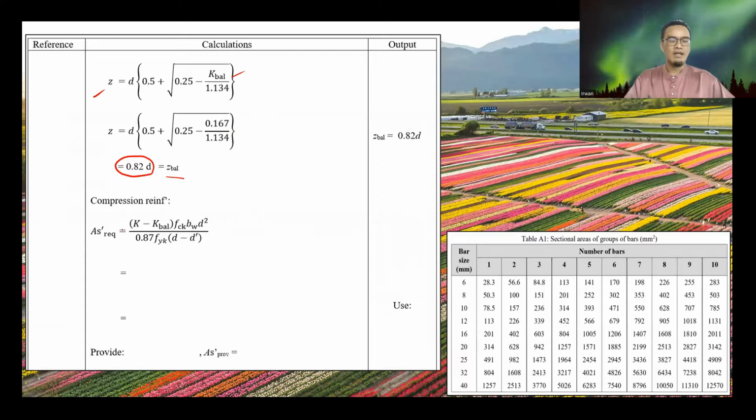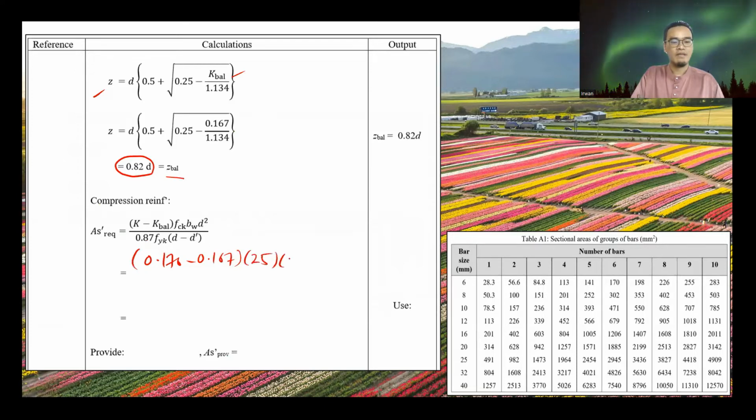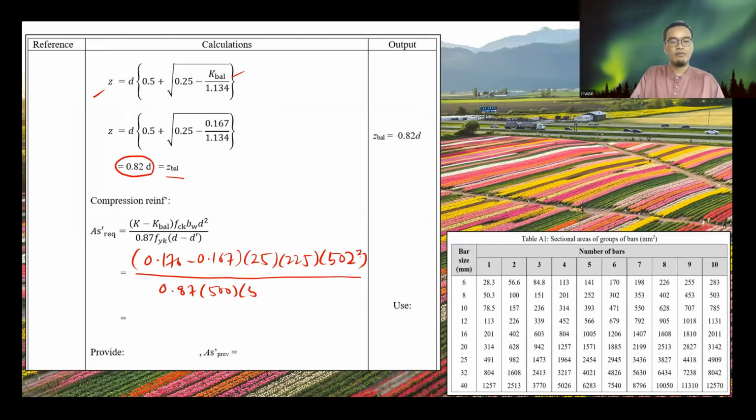So the total area of steel required for compression reinforcement, As prime, is K minus K balance, so 0.176 minus 0.167, times the fck of 25, bw times d squared, divided by 0.87 times 500 and 502 minus 56. So can you give me the answer of As prime required?